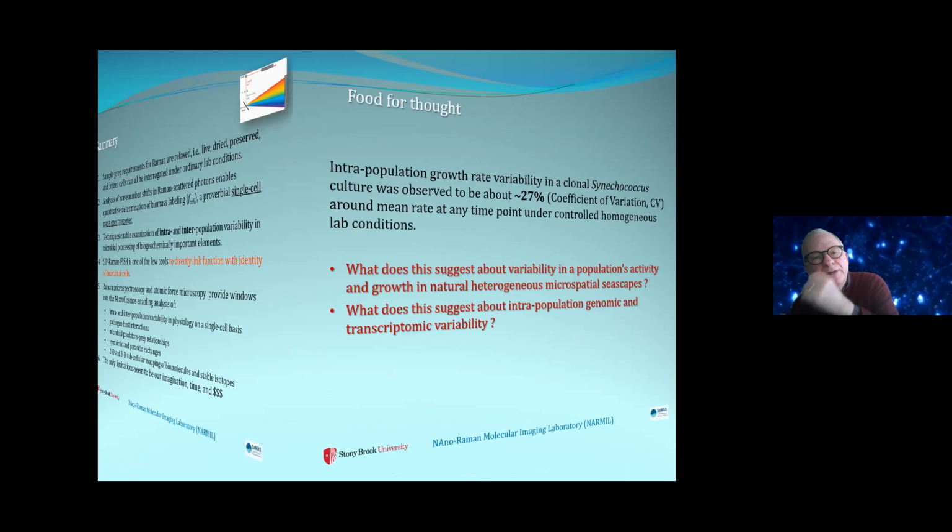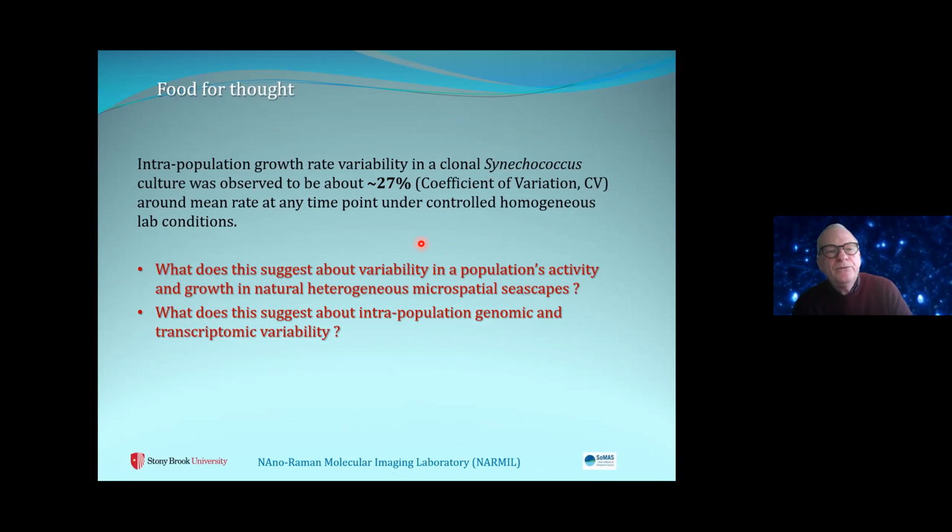And lastly, I'll leave you with some food for thought. In our single cell growth rate experiments that we published, we observed that in a clonal Synechococcus culture, clonal meaning came from a single parent cell, the difference in growth rates was about 27%. That's the coefficient of variation around the mean at any given time, at any given level of labeling.